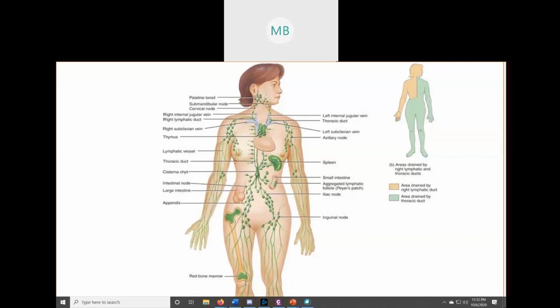Whenever you've gone to the doctor and you've had a sore throat, or you take your children to the doctor and he's feeling for swollen nodes or swollen glands in the neck, the doctor is feeling for swollen cervical lymph nodes. Because your cervical lymph nodes are the lymph nodes right here in your throat and your neck.